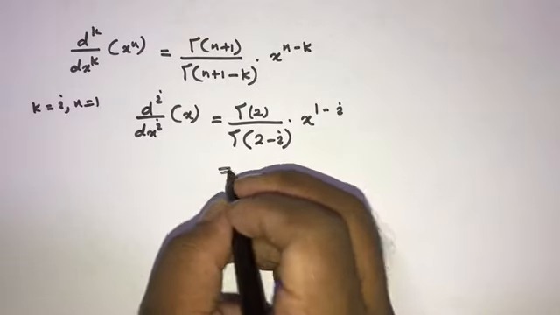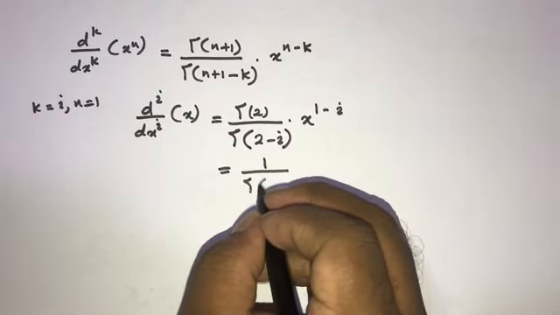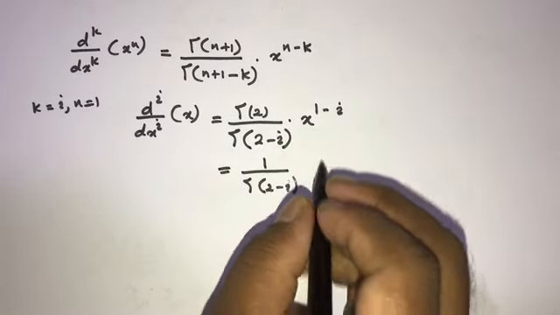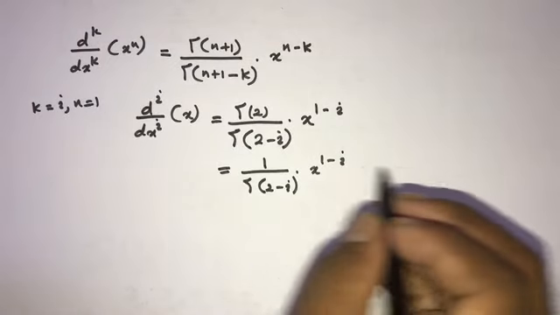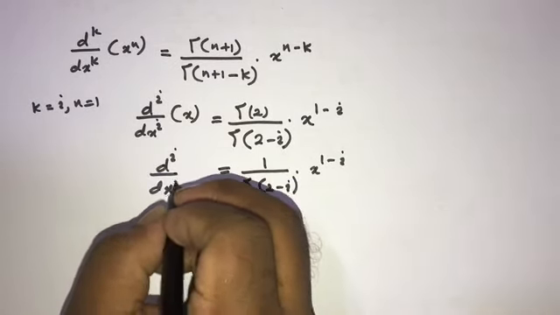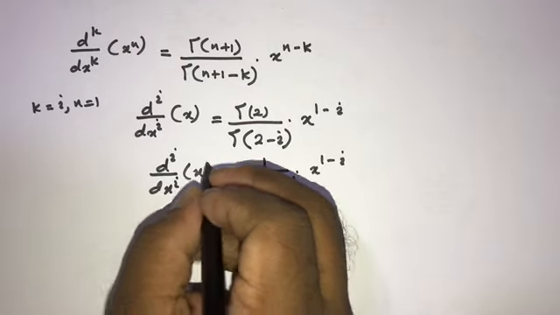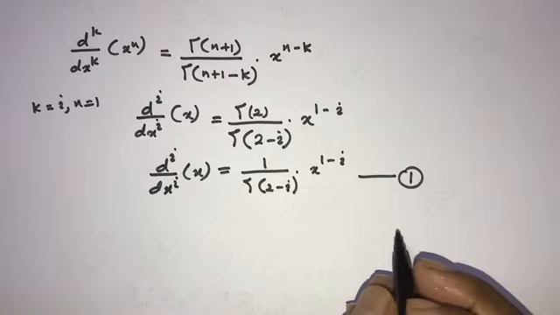Now gamma of 2 we know is 1, so d^i/dx^i of x is 1 over gamma of 2 minus i times x to the 1 minus i.